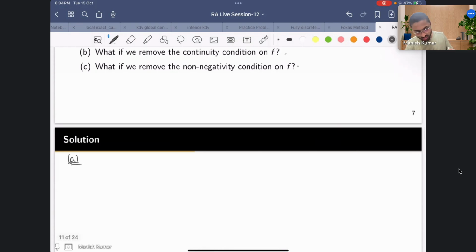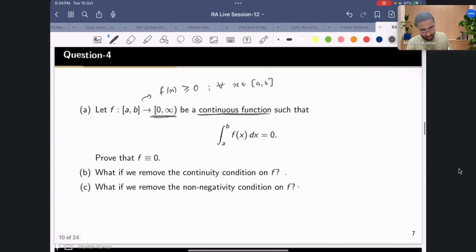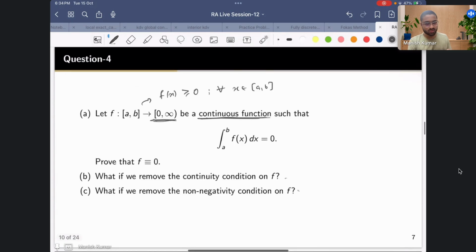Do you have any idea how to prove this? No? Okay, the proof of this problem you can do by contradiction.